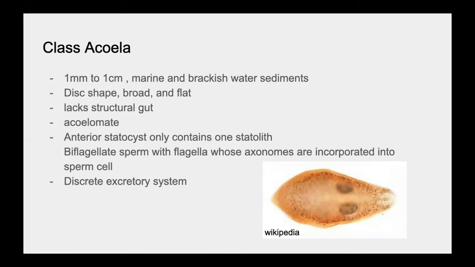They usually live in the gut of other animals that often have symbiotic bacteria inhabiting their epidermis. They also have a direct development with no larval form. For this one, I also included an image where you can see the anterior cyst only containing one cytoslit, and then it also has a biflagellate sperm with flagella whose axons are incorporated into the sperm cells.